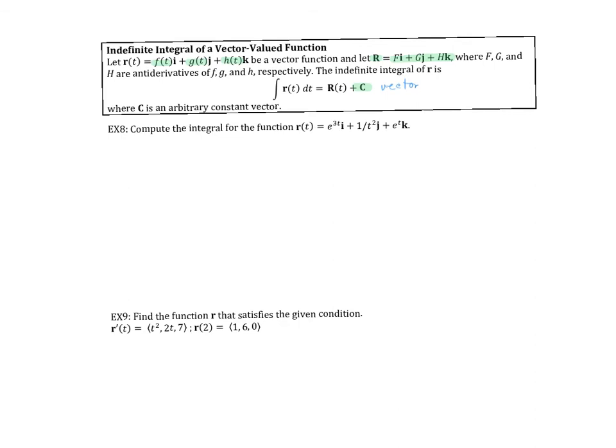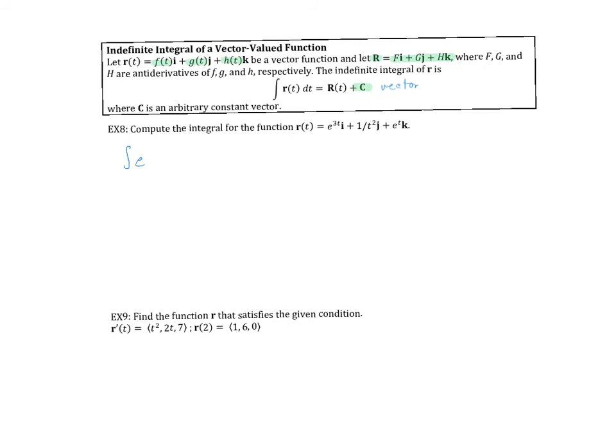Example 8, we want to compute the integral for this function. So I'm going to integrate, and I could keep it as ijk. When we integrate, we have to keep it in vector form. That would be the proper form because we're integrating a vector. We don't leave off the ijk.